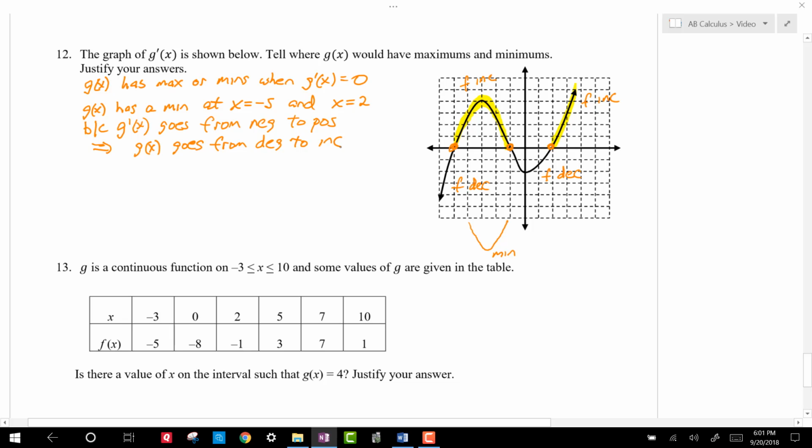So you have to mention that g prime goes from negative to positive before you can say that g of x goes from decreasing to increasing.